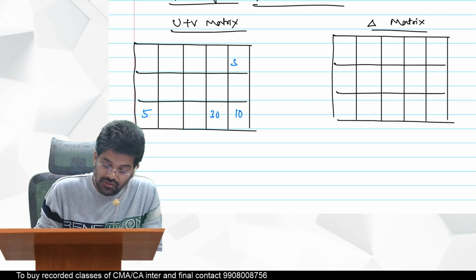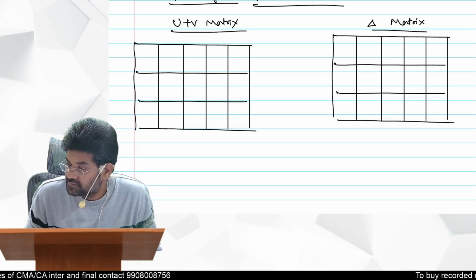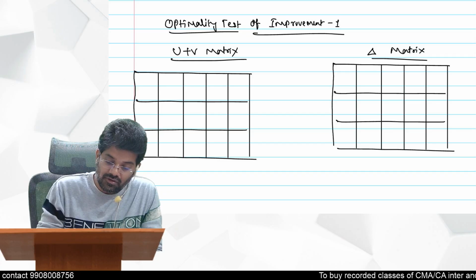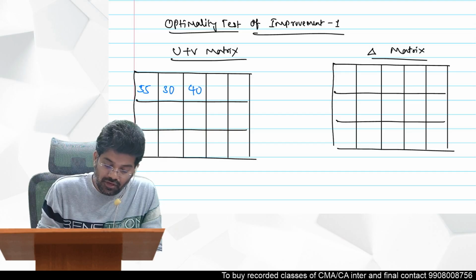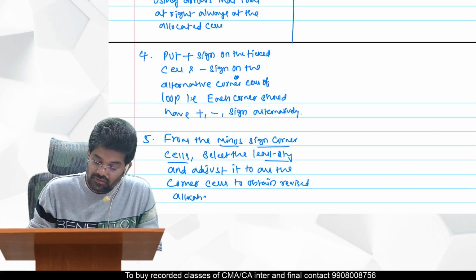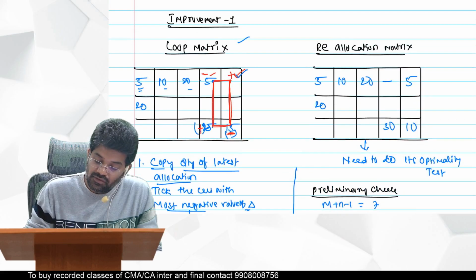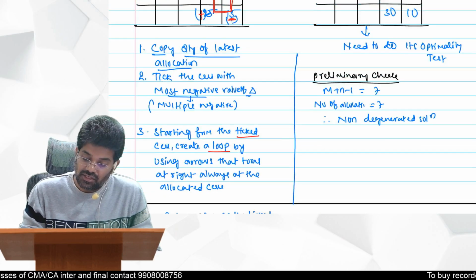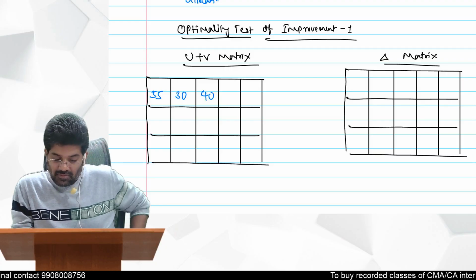First we should take the cost, no? Costs are not called allocations. First take the cost of the allocated quantities. What is the cost here? 55, 30, 40, 45. No allocation here. Now for improvement 1 we are doing this only. 5, 10, this is one allocation here. Third one. Now last one. What is the cost of that last one?